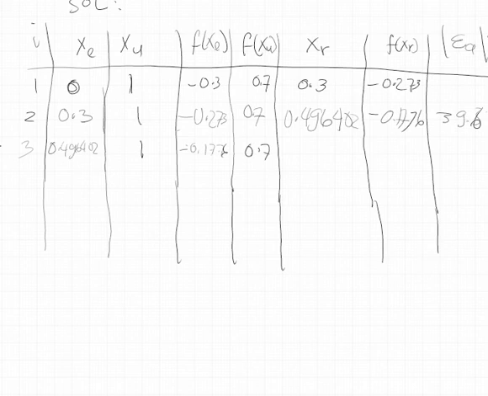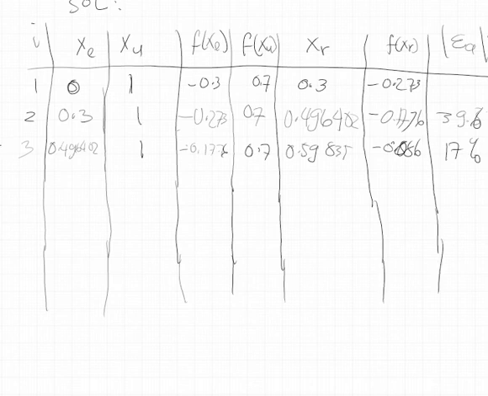Then what will be our new xr? You substitute this one again to the formula. You will arrive with 0.59835. And here, this is negative 0.0808. And the approximate error now will be around 17%. Then we continue, and so on.